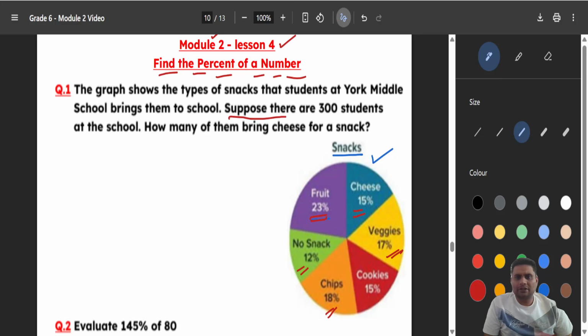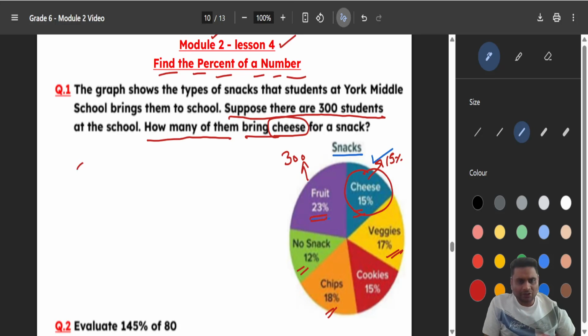Suppose there are 300 students at the school. This 100% means 300 students. How many of them bring cheese as a snack? So we are looking for cheese. Where is cheese? Here. And cheese is 15%, correct?